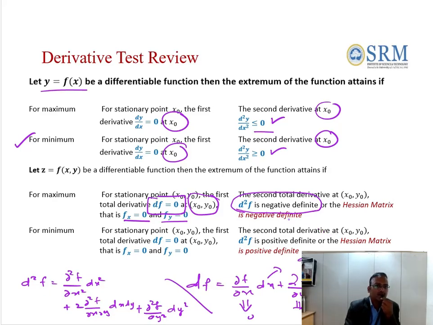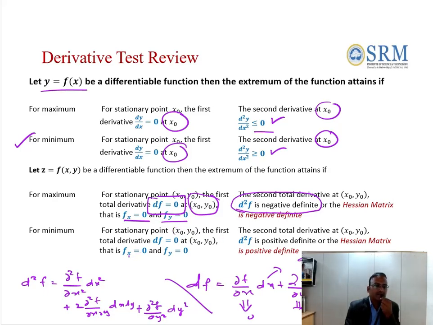The second order total derivative gives a matrix called the Hessian matrix, which we will see a little later. So the second order total derivative being negative definite is equivalent to saying that the Hessian matrix is negative definite.